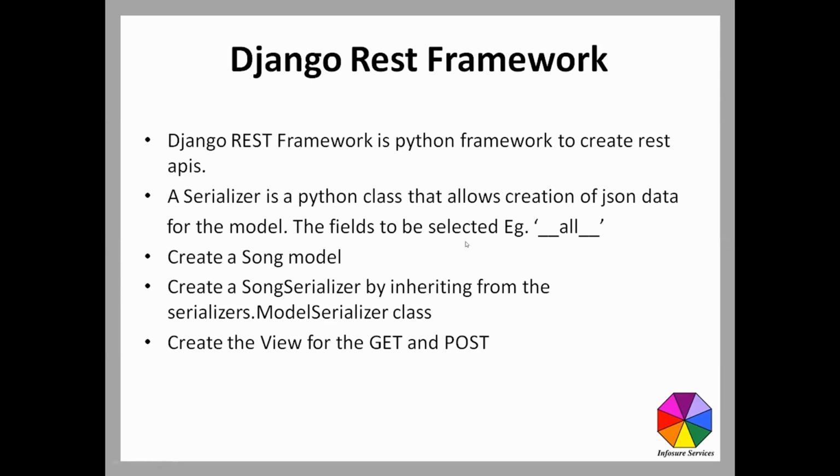To make this very easy, they have an object called a serializer. A serializer is a Python class that allows creation of JSON data for the model. Very simple. I have a model. Let's take product, and just the product name. So far when you look at Django, I introduced you to the product model, and similarly the Django model form.